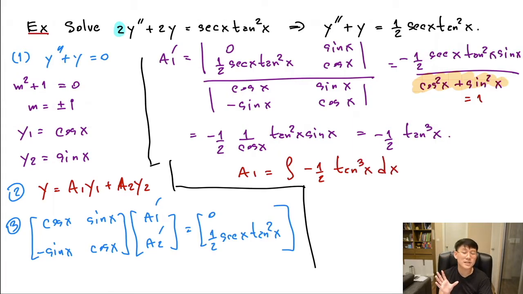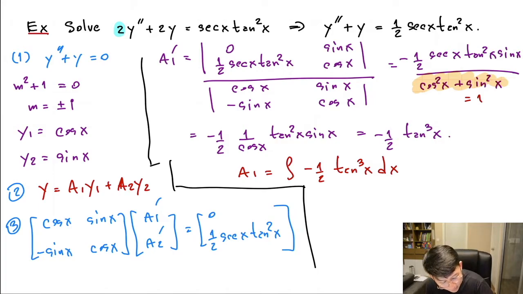I'm not going to be integrating. If you don't know how to integrate this function, you can let me know, and we can talk about that in the live class. So just let me know if you don't know how to integrate tan cubed.